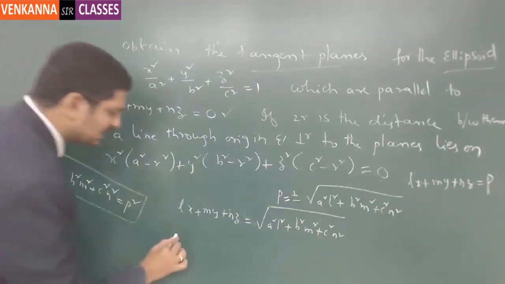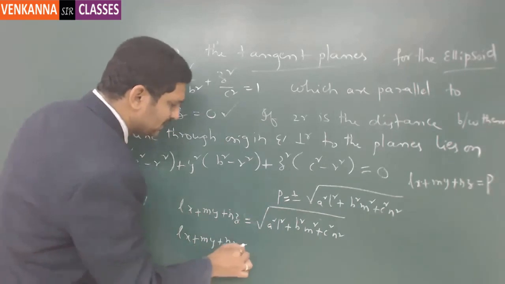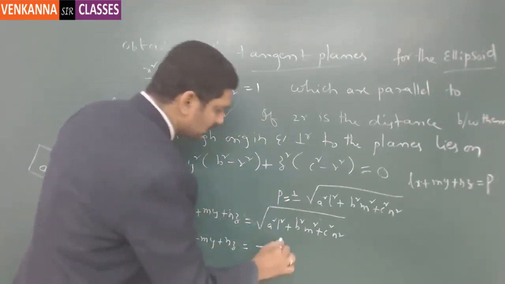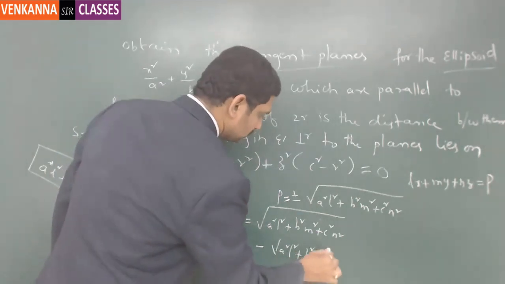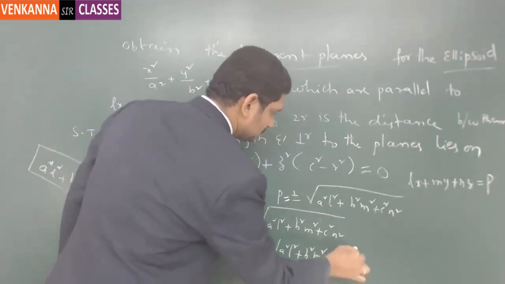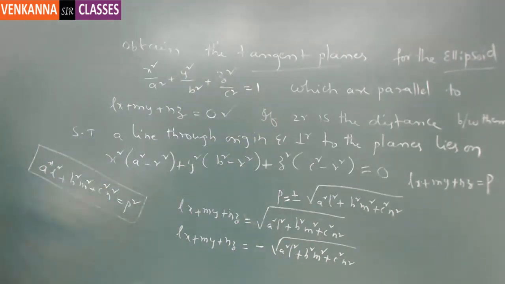The other tangent plane is Lx plus My plus Nz is equal to minus square root of the same. This is the second tangent plane. Please check on that. Accepted.